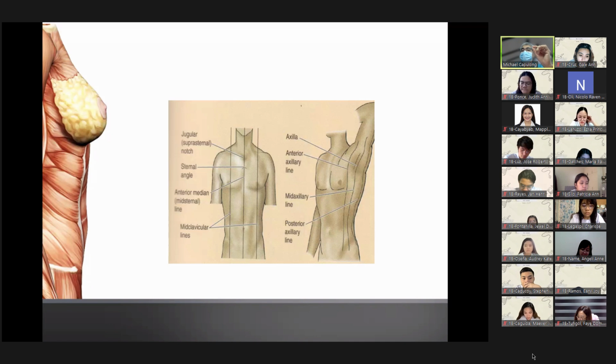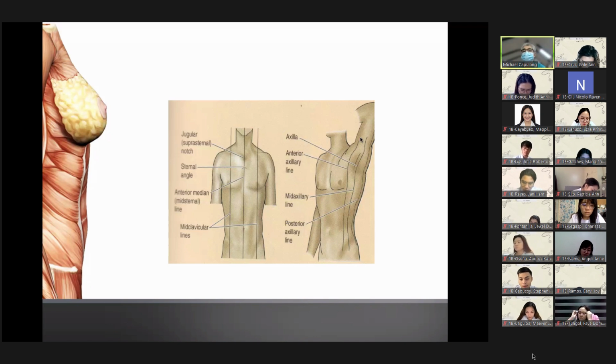Okay? So did you get that? Yeah? Yes po, Doc. Okay. Making use of the nipple, it is constant at T4. No? It corresponds to your fourth intercostal space, but this is variable insofar as your fourth intercostal space is concerned.